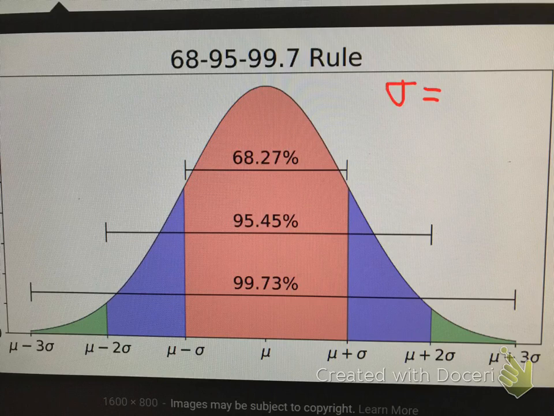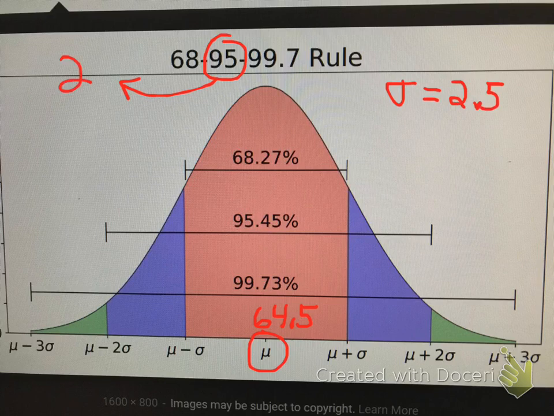So if we take the standard deviation of 2.5, and we're still at the average of 64.5, the 95% part of this rule is 2 standard deviations away. So if I take 2 standard deviations, that gives me 5 inches, which means if I add 5 inches to 64.5, that gives me 69.5 inches.